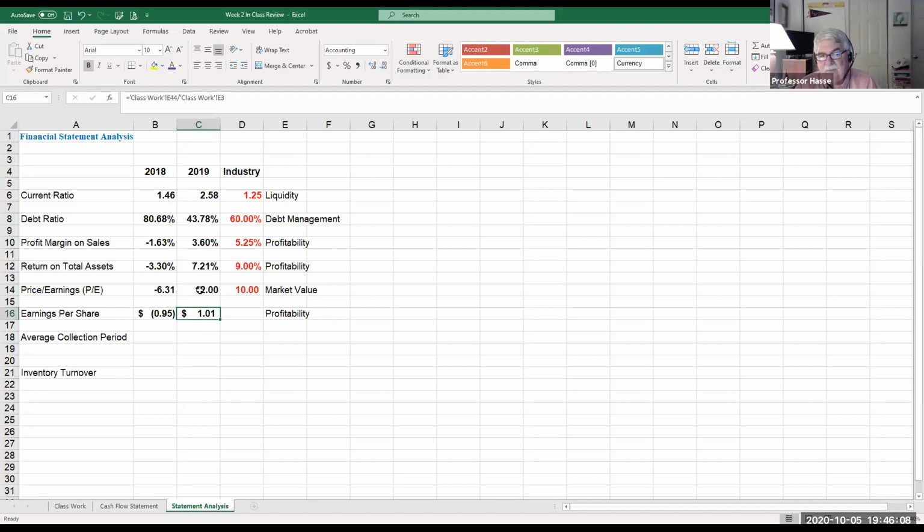But if the price earnings ratio is like 40 or 50, I might want to stay away from it because it's pretty overvalued in the market. There's not much room for it to grow in relationship to the earnings that that stock is producing. Now we'll talk more about this when we get into stocks next week. But that's an indicator for performance.